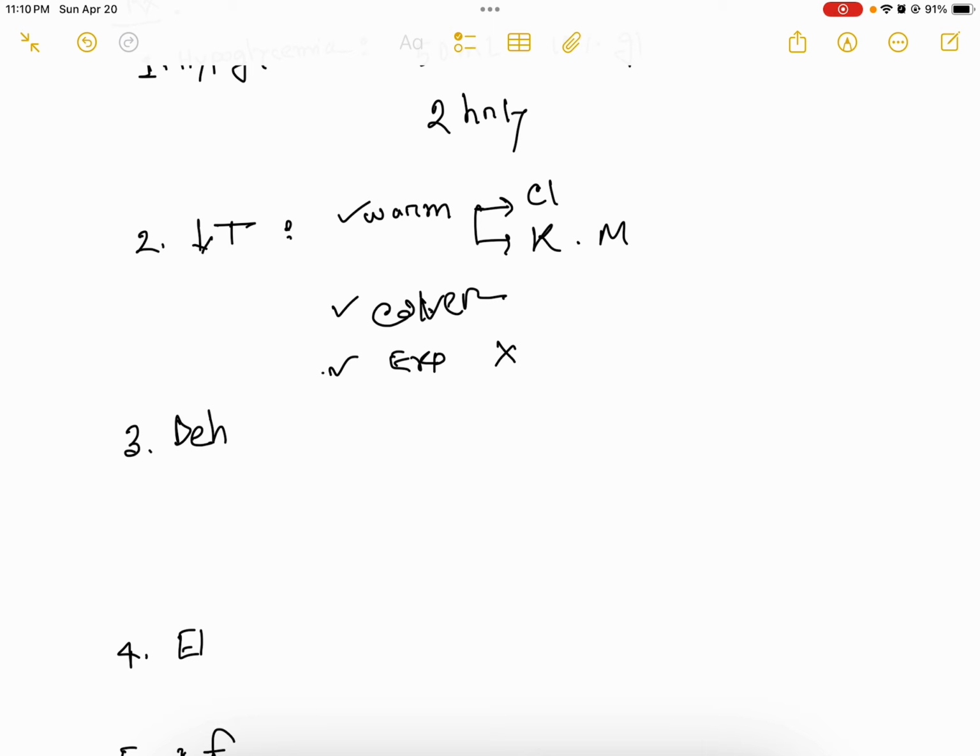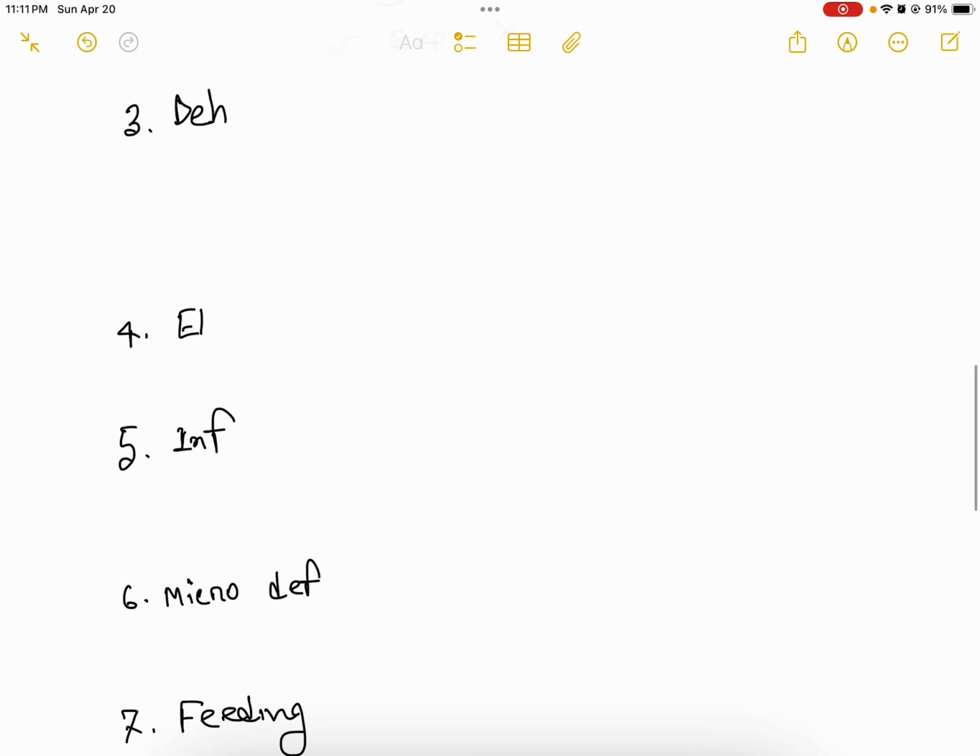Step 3, treat or prevent dehydration by giving ReSoMal 5 milliliters per kg orally or by NG tube every 30 minutes for the first 2 hours.